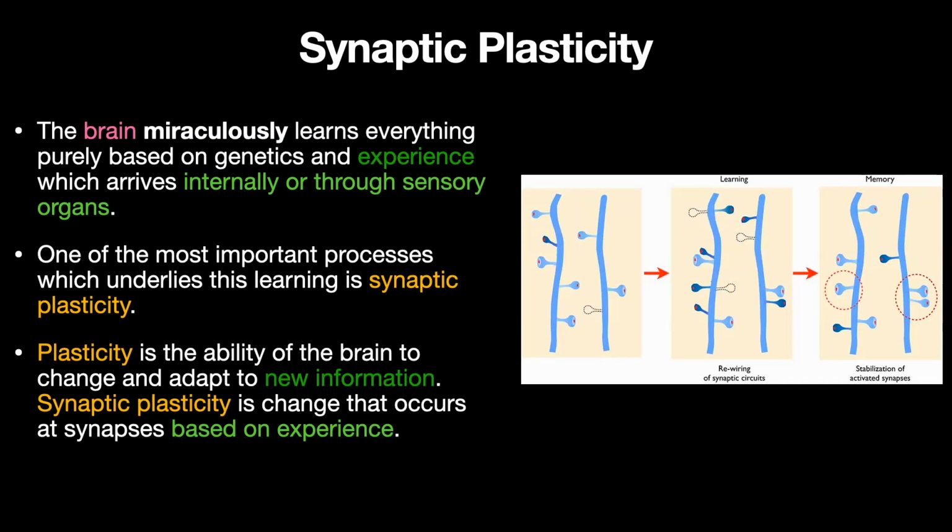One of the most important processes which underlies learning is synaptic plasticity. Plasticity is the ability of the brain to change and adapt to new information, and synaptic plasticity is changes that occur at the synapse based on experience. In the neuroscience literature, it is speculated to underlie most of our intelligence, most of our ability to learn and adapt.